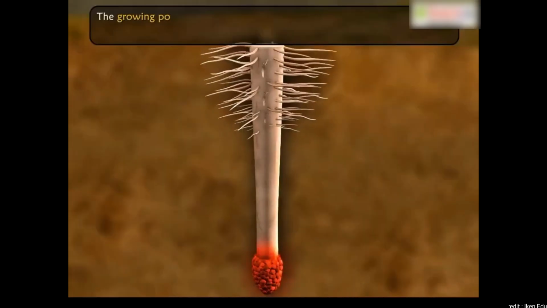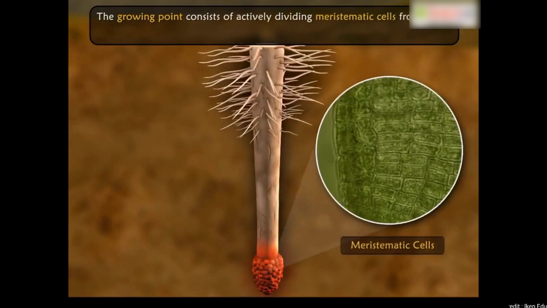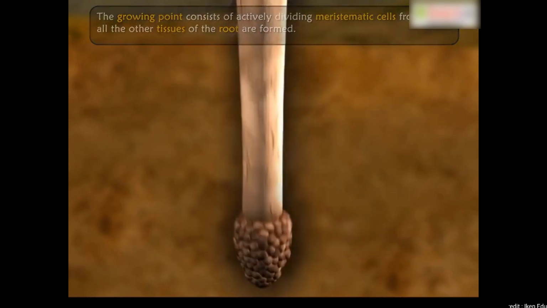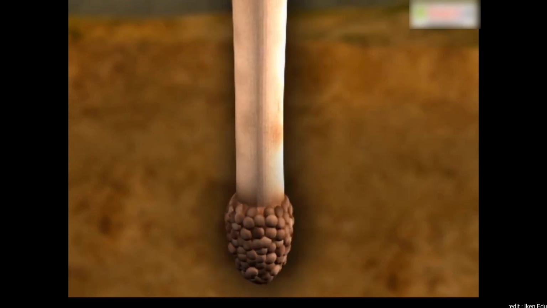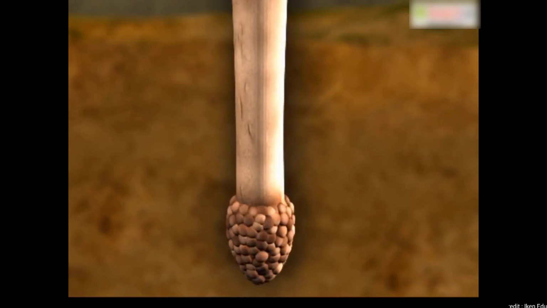The growing point consists of actively dividing meristematic cells from which all the other tissues of the root are formed. The growing point also gives rise to new root cap cells to replace the ones worn away.